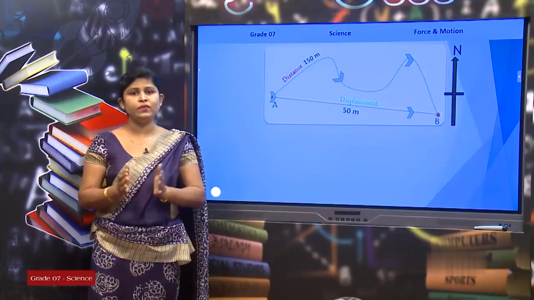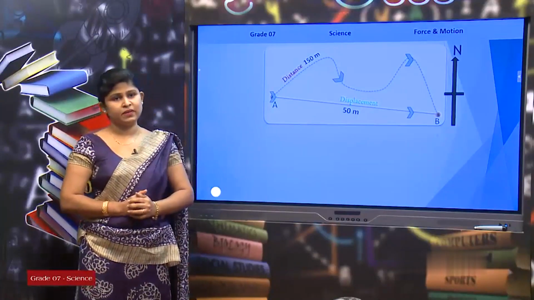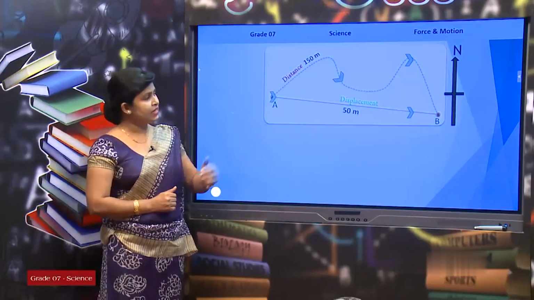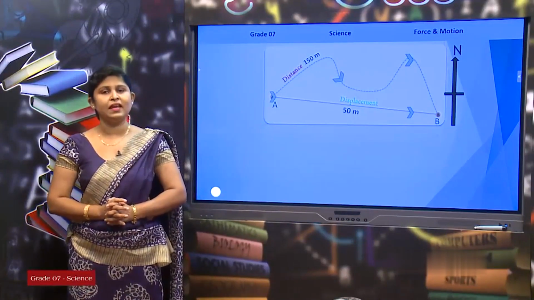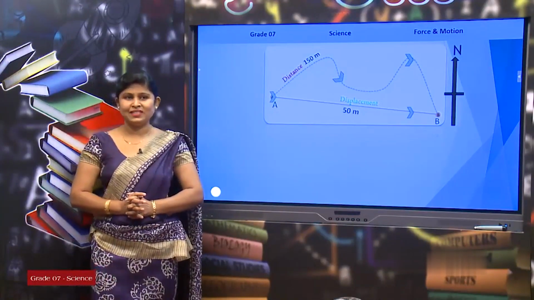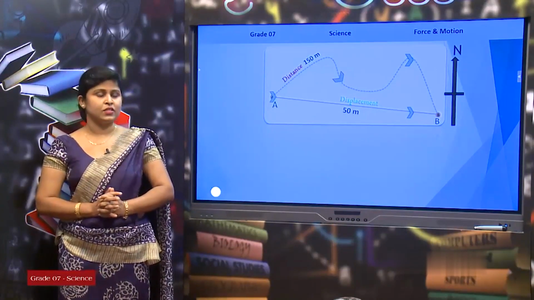That is the length of the road. But the length between the initial and final positions is 50 meters. That is a straight length. Then that is the displacement. Then you can understand the dotted line shows you the distance while the straight line shows you the displacement. But when we indicate the displacement, you have to indicate the direction because we learnt that displacement is a vector quantity. It has a magnitude as well as a direction.